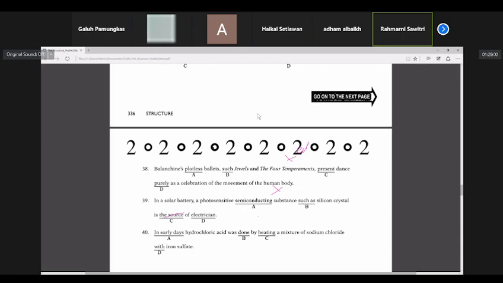So then for number 39 we have Firman Panggala.